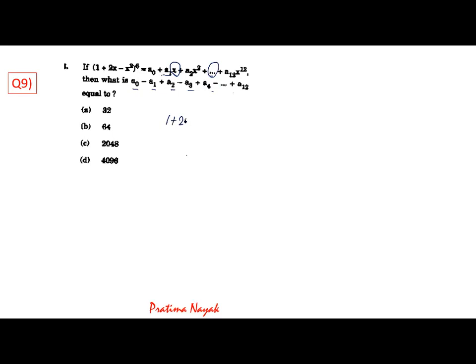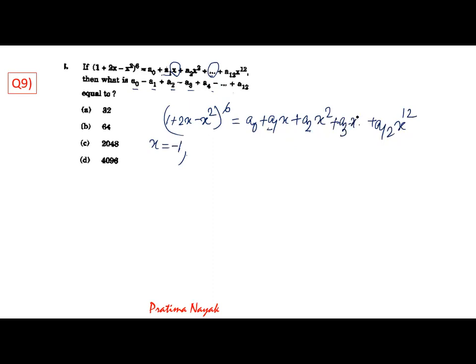So this is very simple. So 1 plus 2x minus x square. This seems to be complicated, but this question is very easy. a0 plus a1x plus a2 x square up to a12 x to the power 12. Just put x equal to minus 1. Then you will get a0 minus a1 plus a2 minus a3.